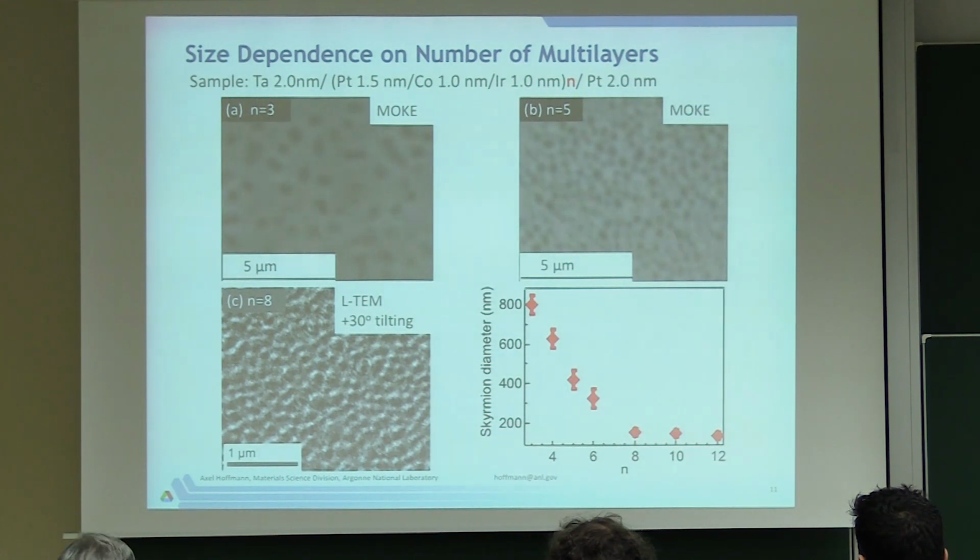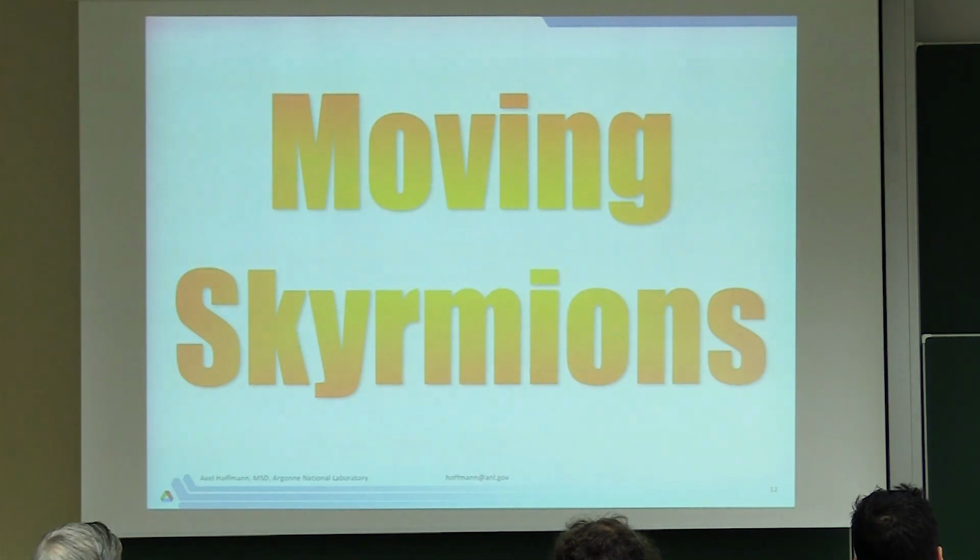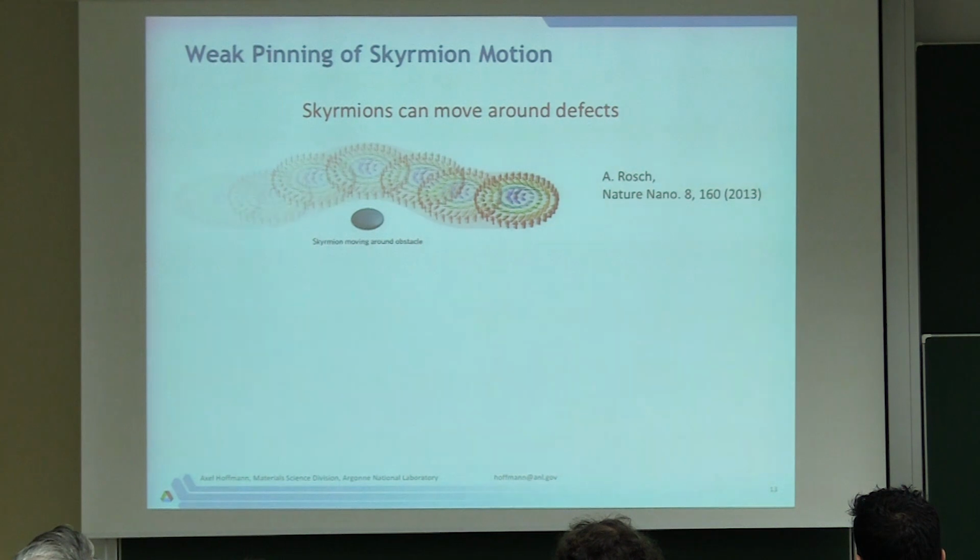Now, one of the initial excitements about using skyrmions was that you can move them around, and so maybe that's one way to make them useful. There are a couple of aspects of moving skyrmions that are interesting. Since they are a fairly localized magnetic structure, they can easily move around defects.